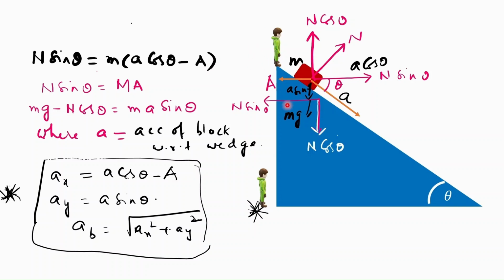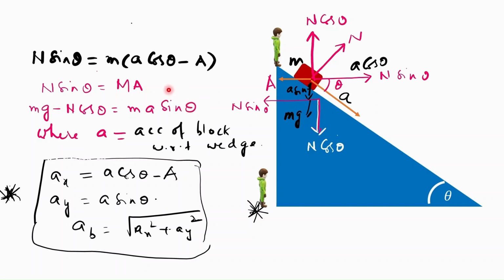And for this wedge, we can write N sin theta is equal to mass times A. This is for this wedge. For this block, in the vertical direction, we can write mg minus N cos theta is equal to mass times acceleration of the block in the downward direction, that is a sin theta. M into a sin theta.